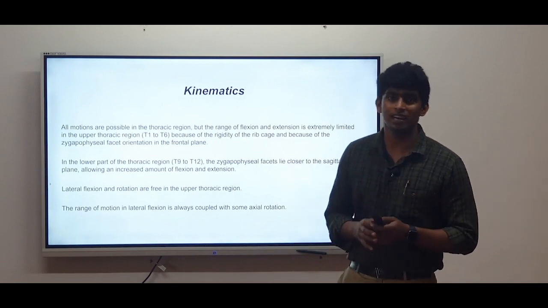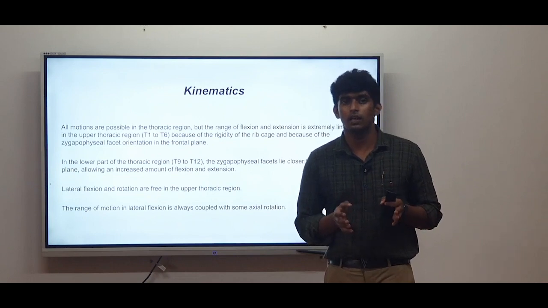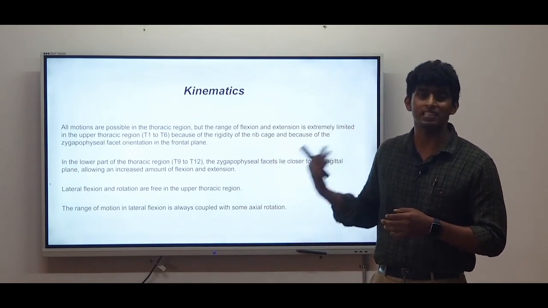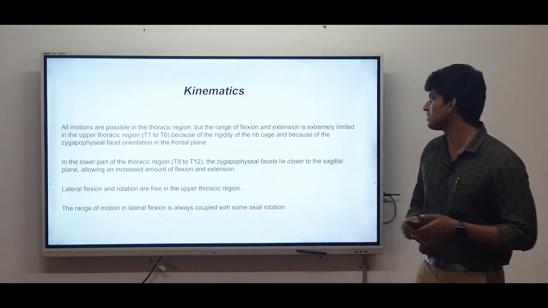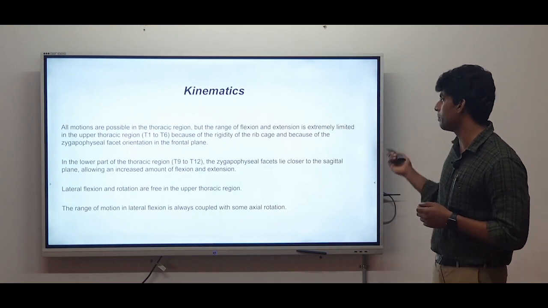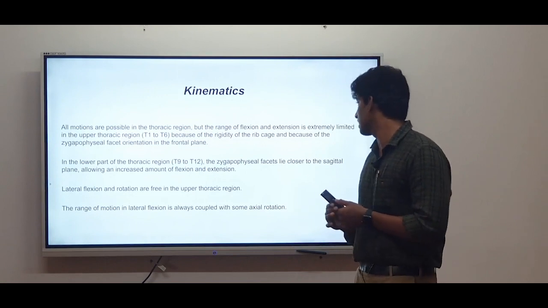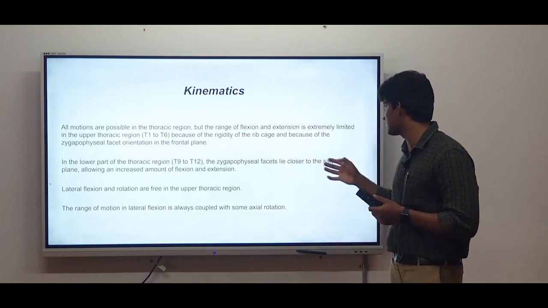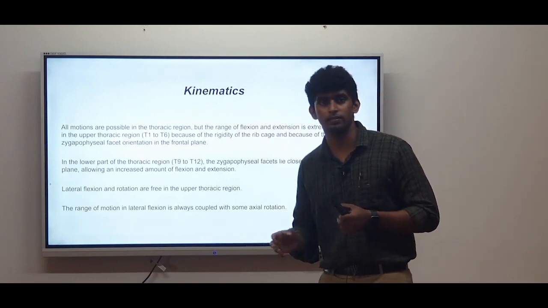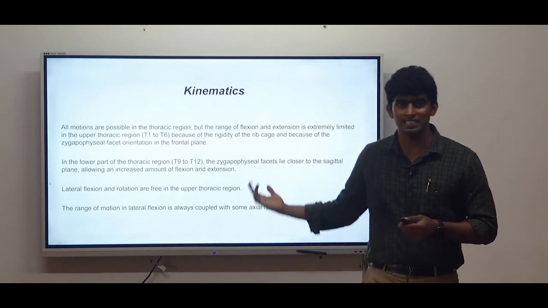Now we'll discuss the kinematics. I know kinetics is a bit more difficult than kinematics; kinematics will be really easy for us to understand. All motions are possible in the thoracic region, but the range of flexion and extension is extremely limited in the upper thoracic region, T1 to T6, because of the rigidity of the rib cage and the orientation of the zygapophyseal facets in the frontal plane, and also to maintain stability of the internal organs, as I discussed.